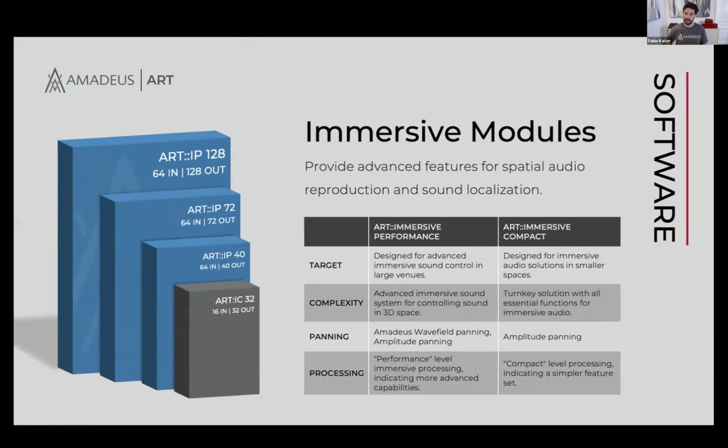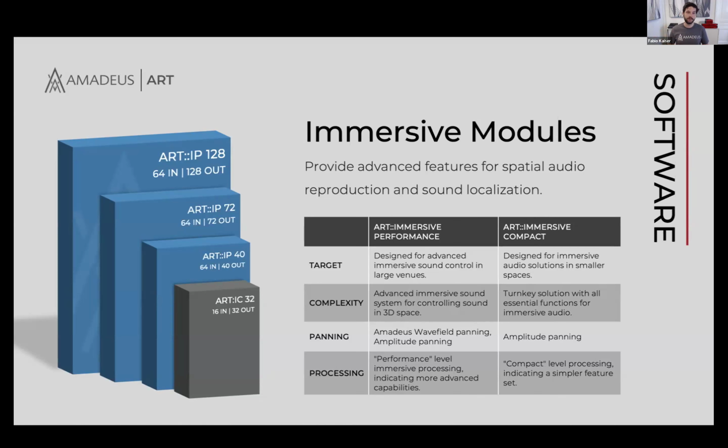We have performance and compact modules. The performance modules, again, have the most advanced functionality. And I'd like to emphasize that usually on the panning algorithms, there's wavefield panning and amplitude panning. The wavefield panning is the most advanced, wavefield synthesis-like algorithms, including time as an element of the panning, versus amplitude only.